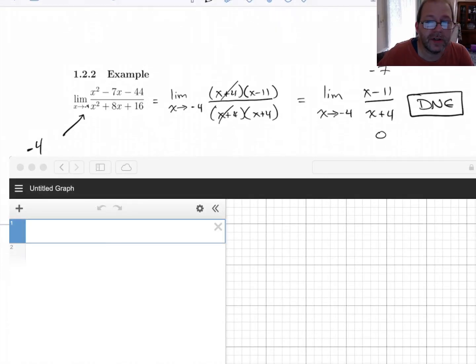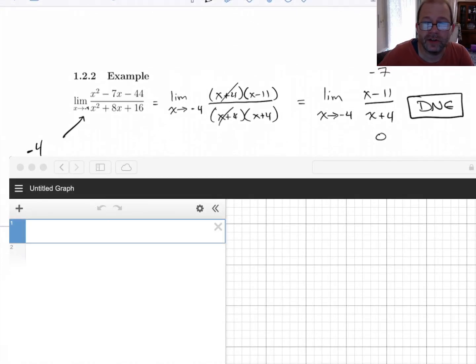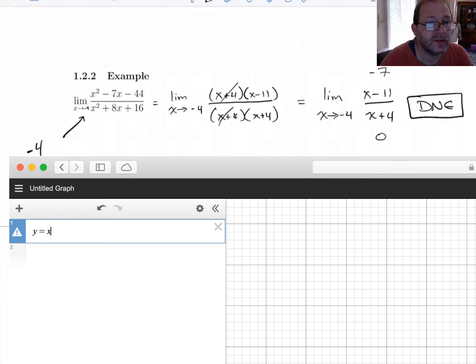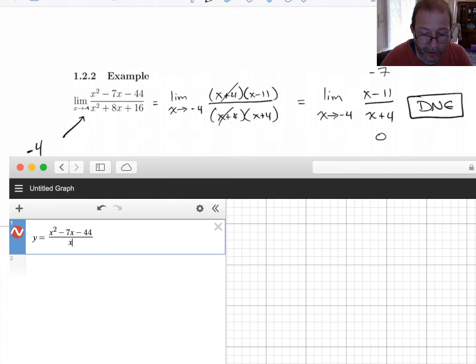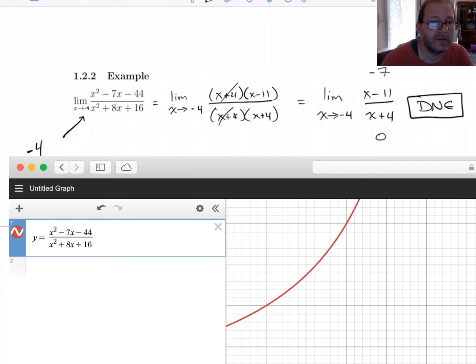We're graphing this function: y equals x squared minus 7x minus 44 over x squared plus 8x plus 16. And we're interested in what happens at negative 4.